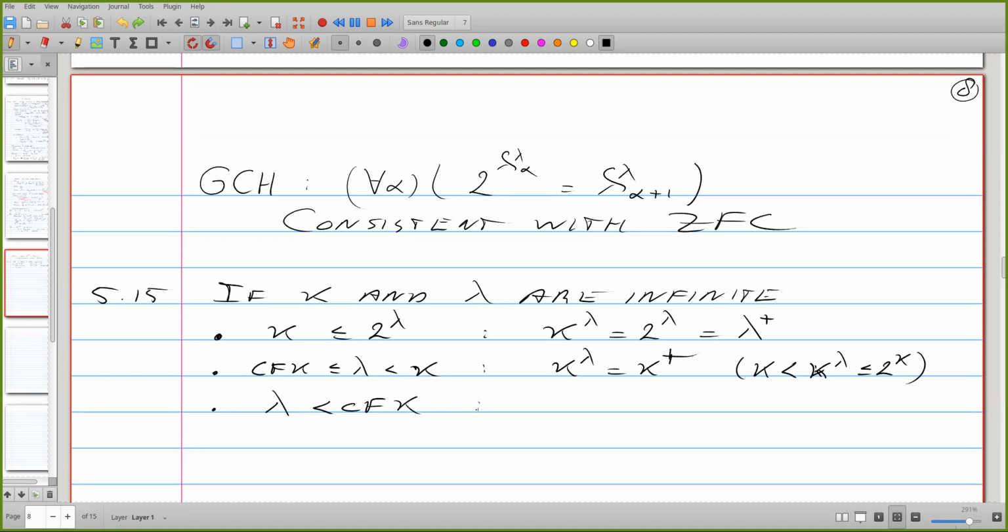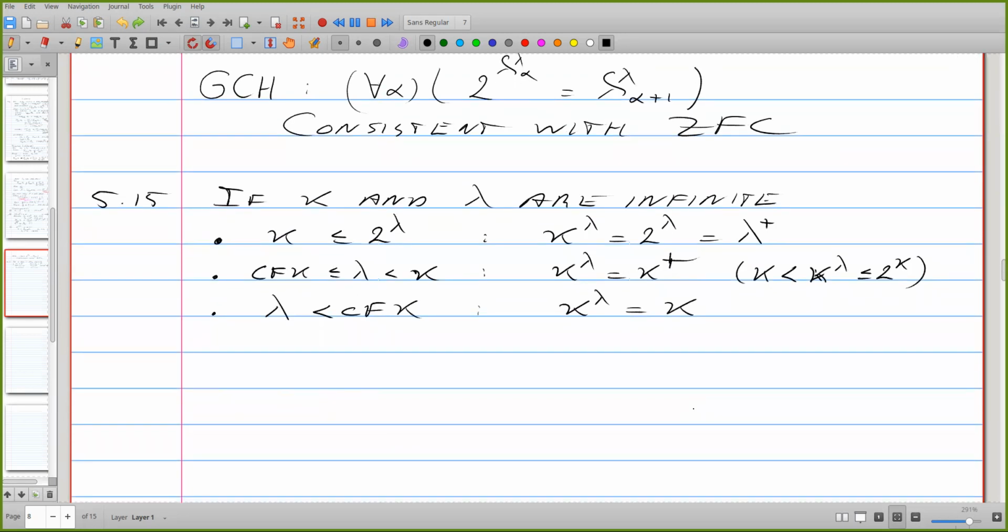And then, of course, we have the case where lambda is strictly less than the cofinality of kappa. And then kappa to the lambda is just kappa. And why is that? Okay, now we have to do a little bit of work.